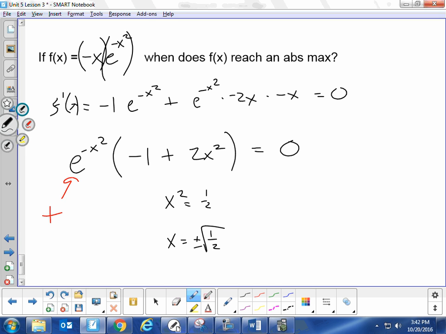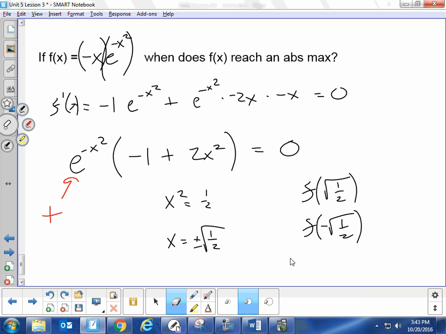Now, if I tried to do the candidates test, do I want to plug in root 1/2 and compare it to negative root 1/2? And do I even have a closed interval? No, I don't.